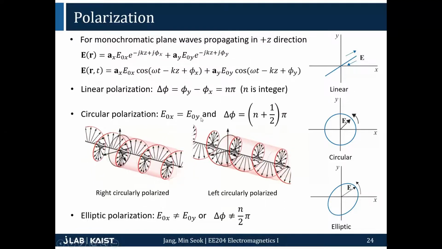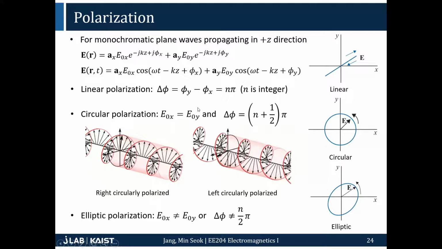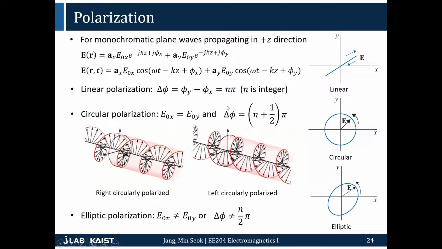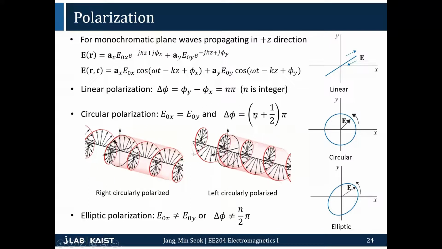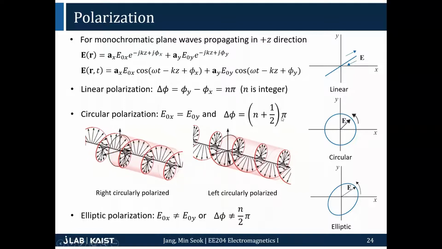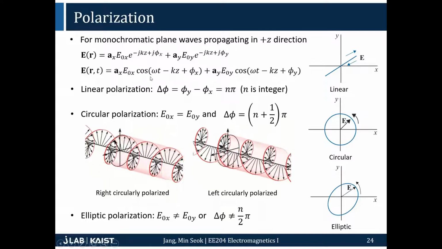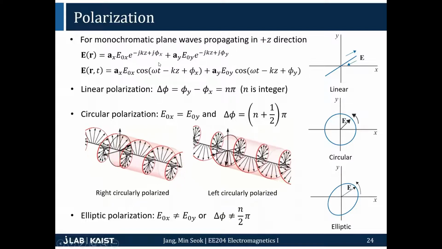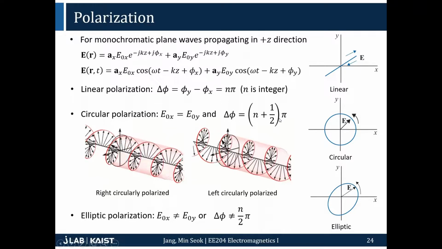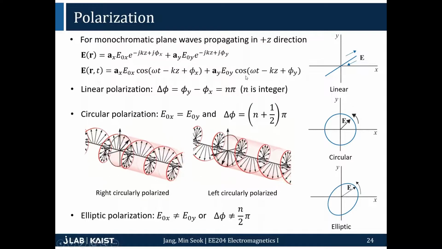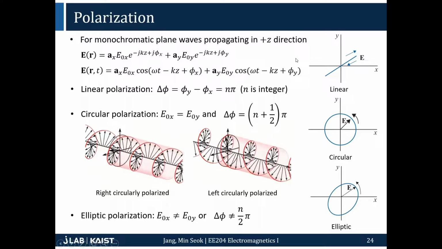And the second special case is that E0x and E0y are exactly the same, okay? But delta phi, the difference between phi y and phi x, is a half integer multiple of pi. Then what that means is that if one of the equations is a cosine function, the other becomes a sine function because they differ by half integer pi. Cosine theta plus pi over 2 is actually a sine function.